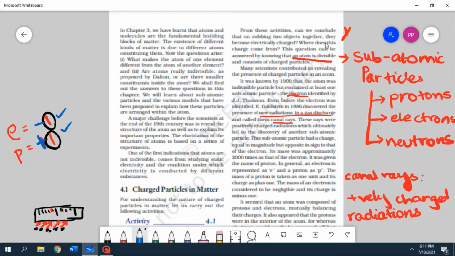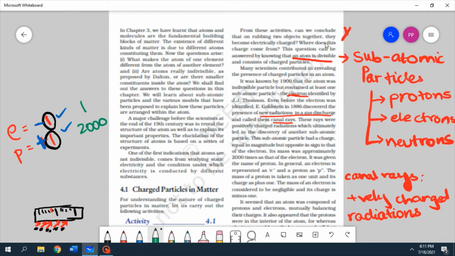Its mass was approximately 2000 times that of an electron. For the sake of simplicity, I'm going to say the mass of an electron is 1. This is not true, but for the sake of simplicity I'm saying this. And so the mass of a proton would be 2000.